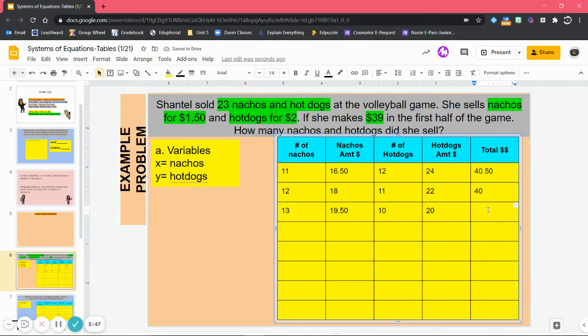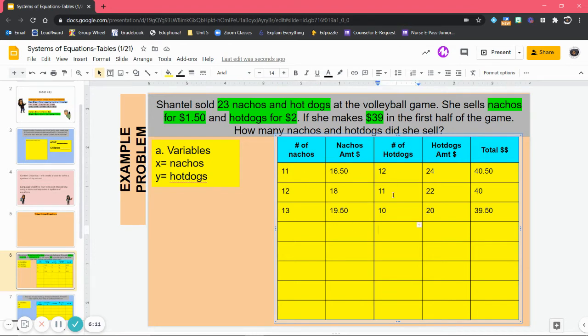Then 20 plus $19.50 means I'm at $39.50. All right, so I'm closer, but still not quite there. Now notice that every time I go down in hot dogs, I'm going up in nachos because it still needs to equal 23.